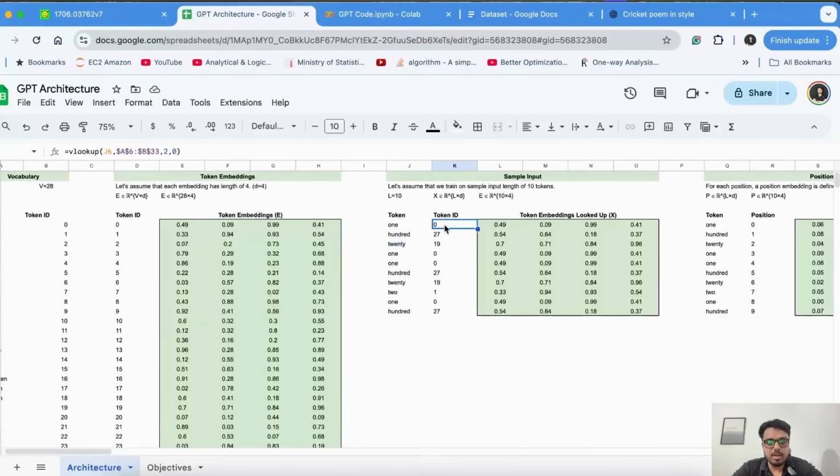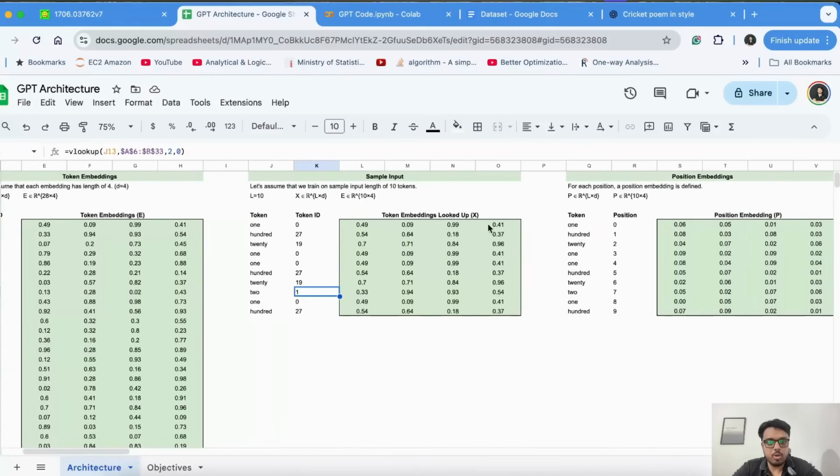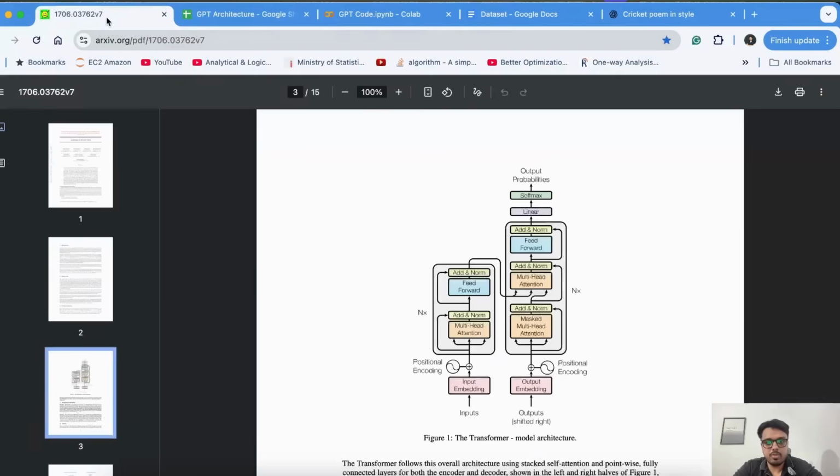For example, for 1, we look up the embeddings that exist for token ID 0, then for token ID 27, and so on and so forth. So for one input sequence, we load up all the token embeddings that exist for the corresponding token IDs. This becomes my token embeddings, which is equivalent to the input embeddings which a decoder only stack will have.